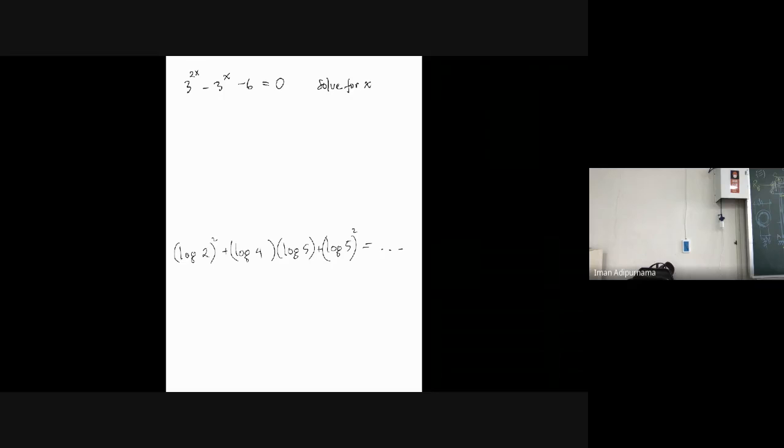What I mean is 3 to the x, just equal it to b, and change all to b. 3 to the x, that's just a or b.